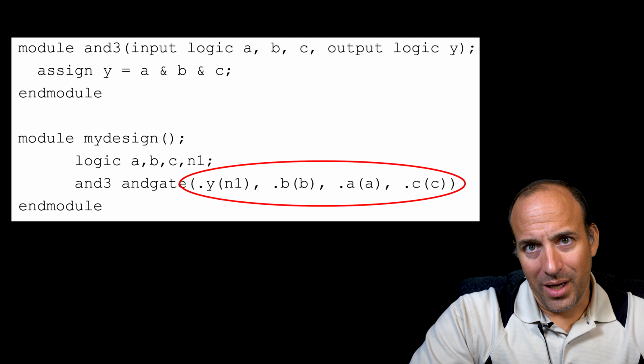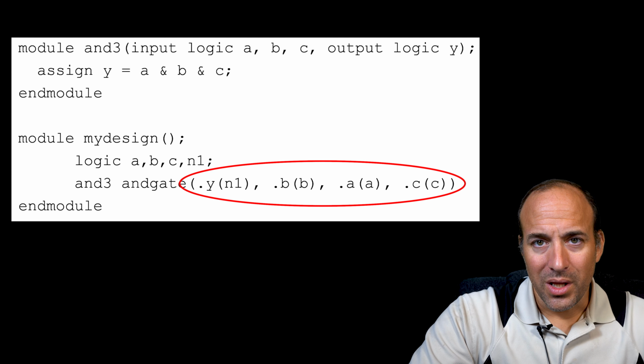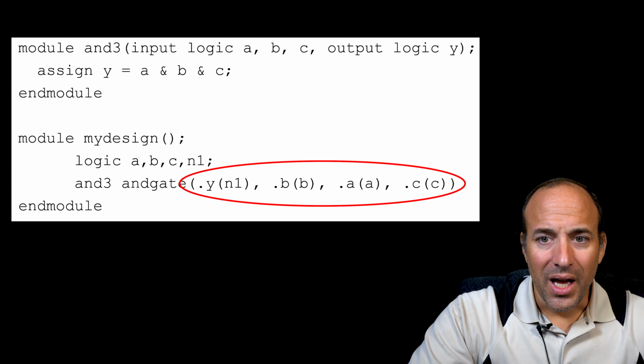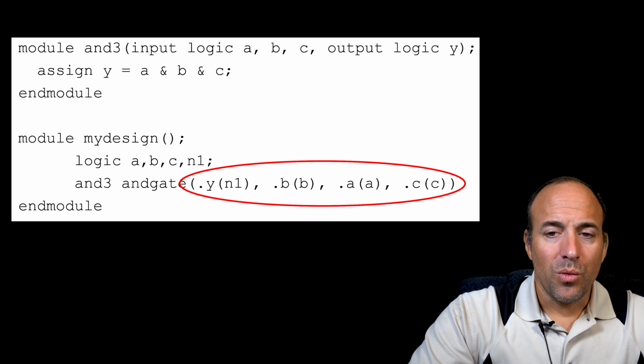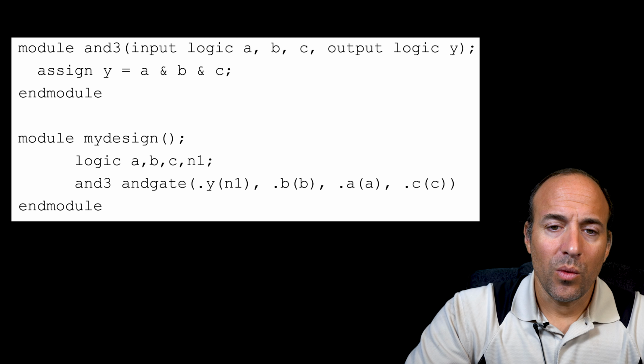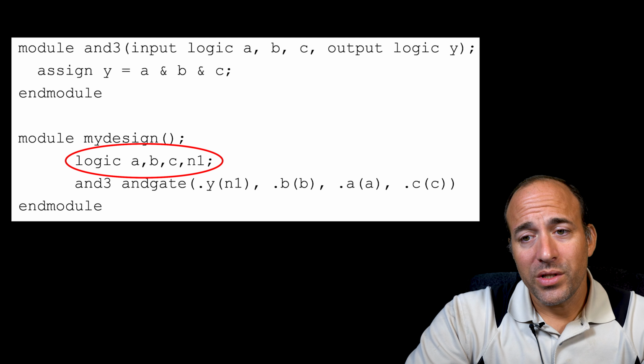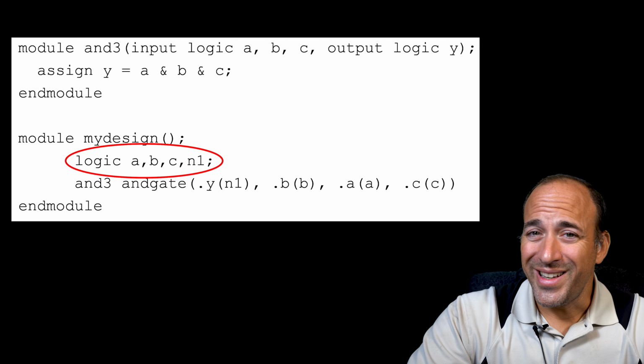And the local connections, that is the wires, the signals within myDesign that you want to connect to each of the ports, are listed inside of parentheses. The signals that we connect to these ports are declared as type logic, and notice that they are not in the port list for myDesign, so they are internal signals.